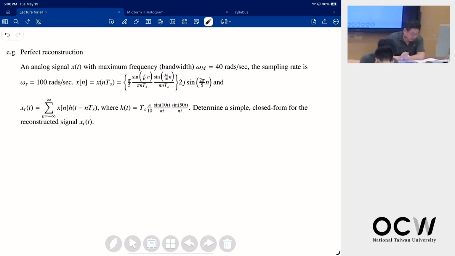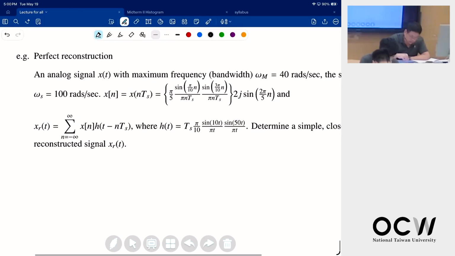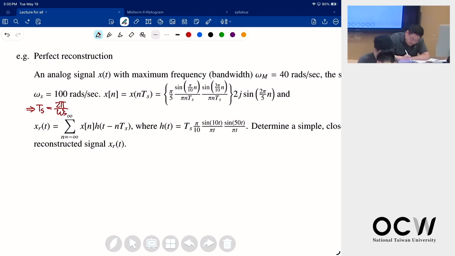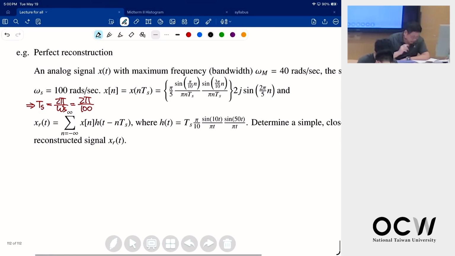First, we need to check: if I have a sampling rate of 100, that means Ts is 2 pi over omega s, that's 2 pi over 100. Okay, so we need three criteria.